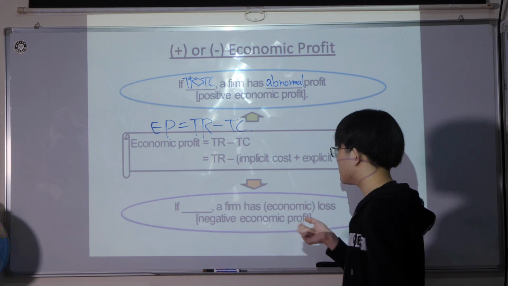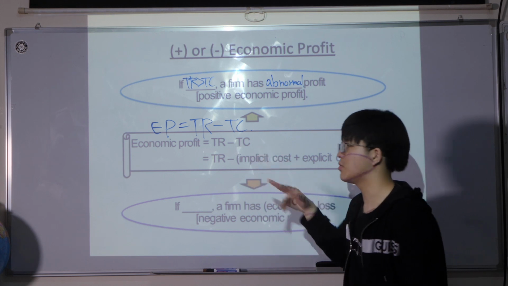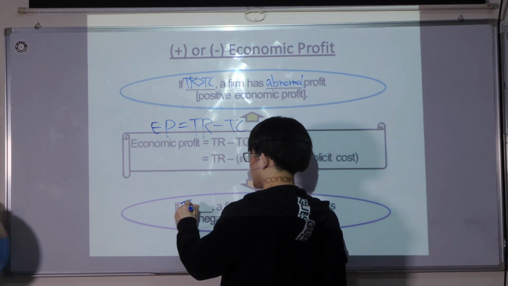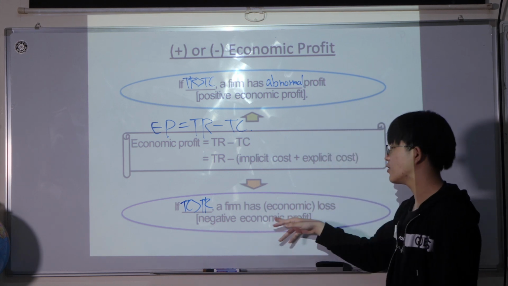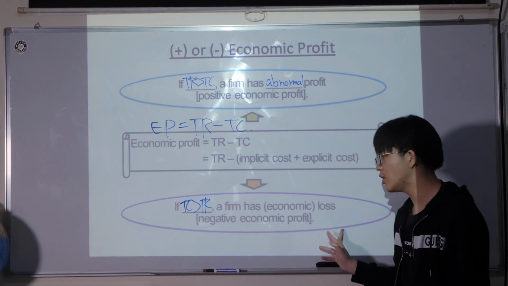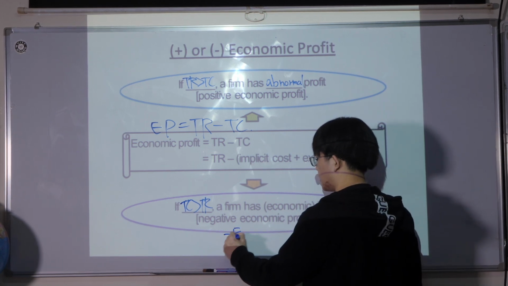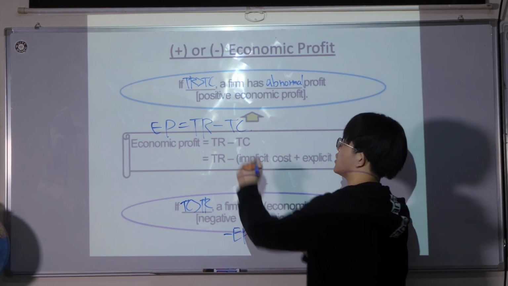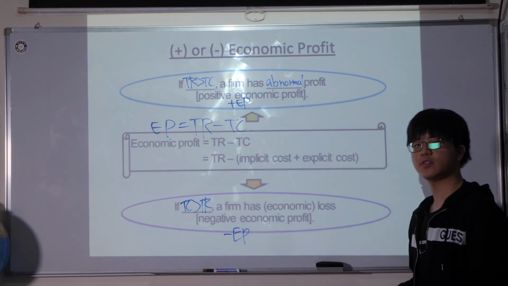But if TR is less than TC, or TC is greater than TR, then the firm has an economic loss, or negative economic profit. I will say negative EP for this, and positive EP for the other. So we'll move on to the next.